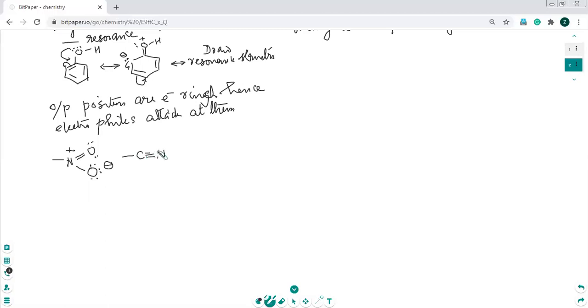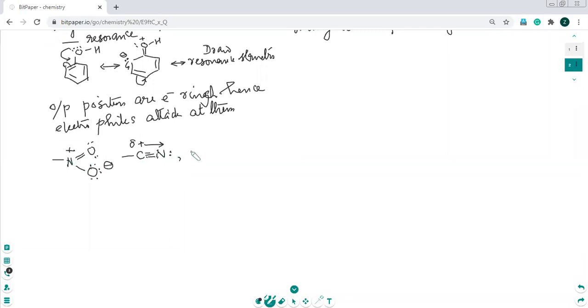Look at CN. Nitrogen is having a lone pair. But see, by inductive effect, the electrons are attracted more towards nitrogen. That means this is delta positive. NO2 is already delta positive. But it's already positive. Okay.